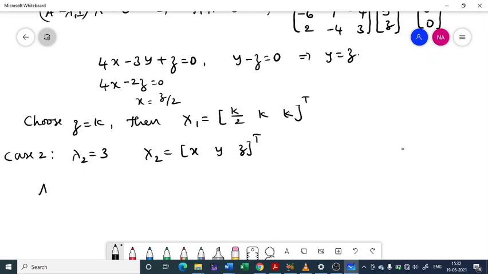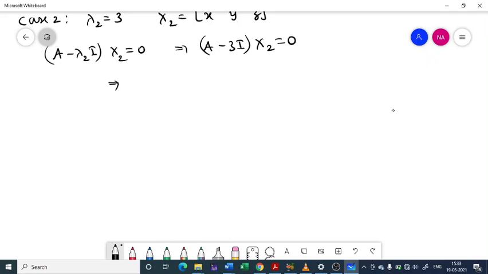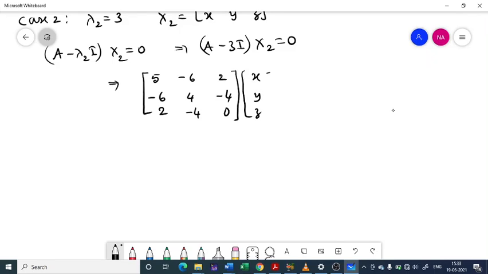Now A minus lambda 2 I into x2 equal to 0, that implies A minus 3I into x2 equal to 0, which implies, subtracting 3, we will be getting the matrix 5, minus 6, 2; minus 6, 4, minus 4; 2, minus 4, 0 into x, y, z equal to 0, 0, 0.